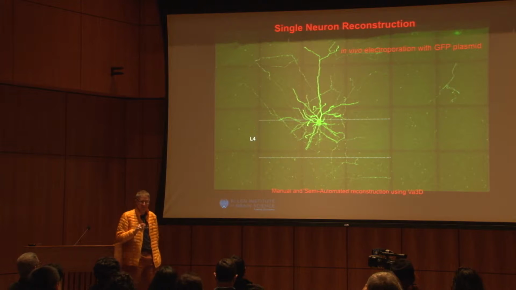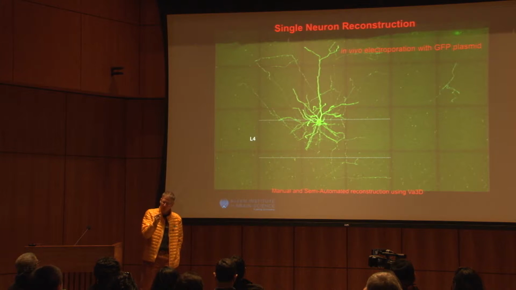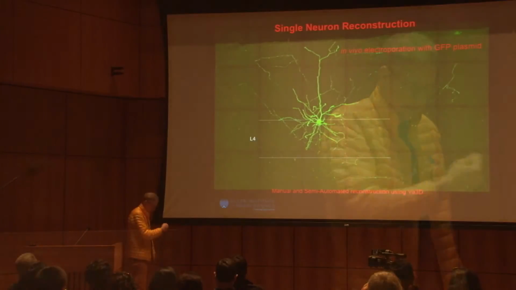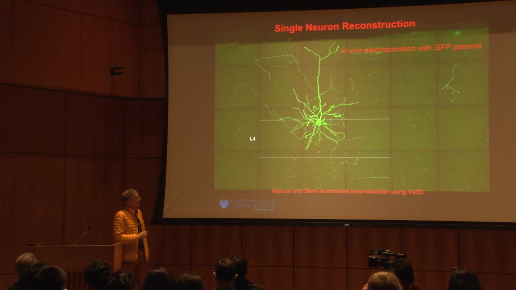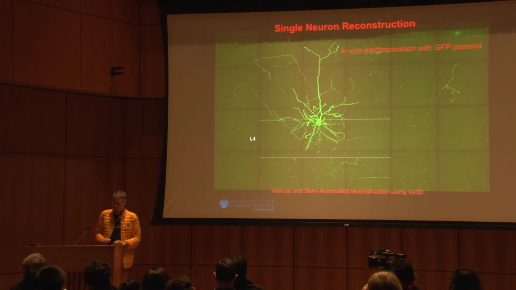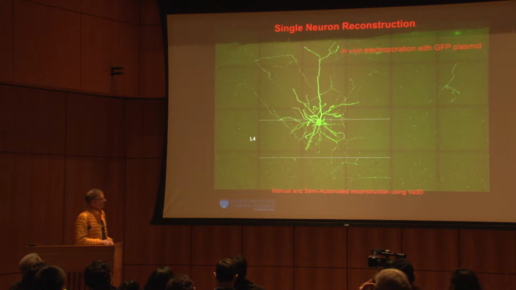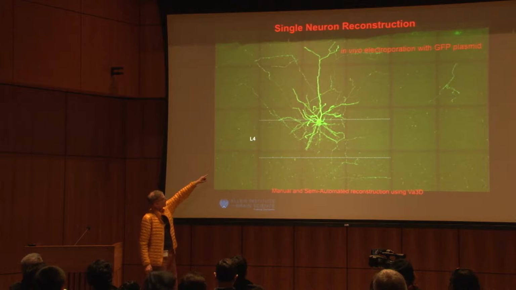This rabies is pretty clever because it latches onto you and travels into the neurons and travels back up through the synapses into the previous neuron, and then travels back up to the previous neurons until it reaches your brain and makes you do bad things that ultimately will lead to you spreading the virus to some other brain. Now, biotech has hitchhiked on that and done the same, where you inject into one neuron and that can go backwards and infect other neurons, and we couple it with a green fluorescent protein so we can light it up, which is pretty cool. Now we have computer algorithms, VAST3D in particular, that can reconstruct these dendrites.